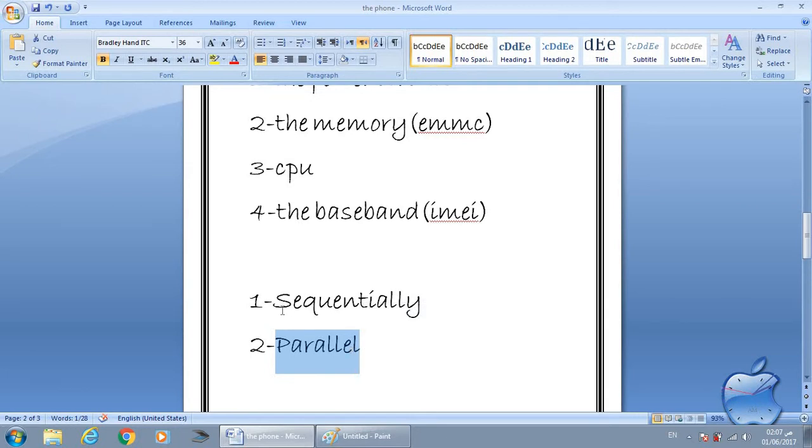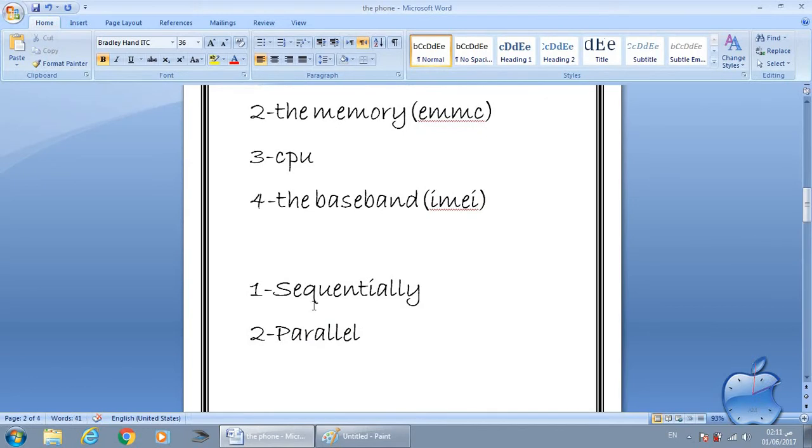But in the sequential, if one component is damaged, the rest of the components will also be affected. In parallel, the rest of the components will work normally, and only the damaged part will not work.